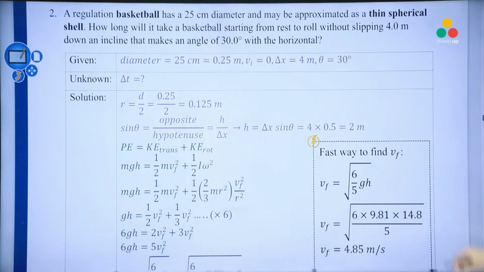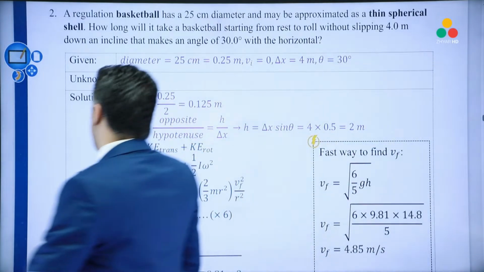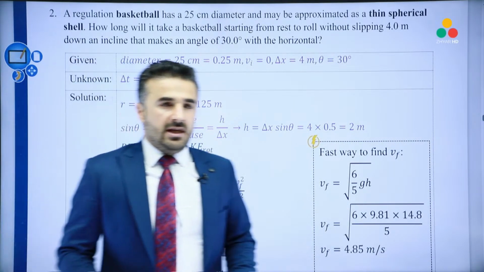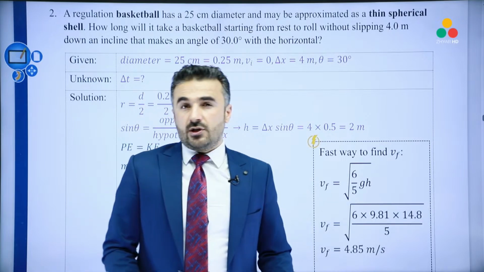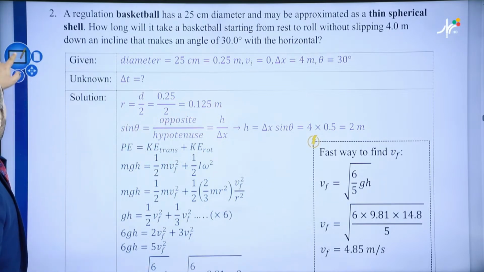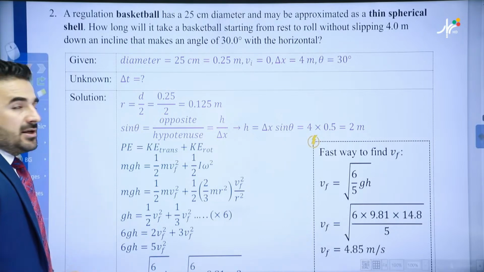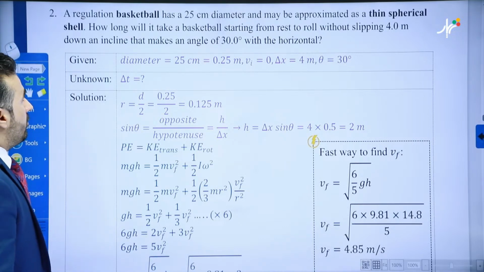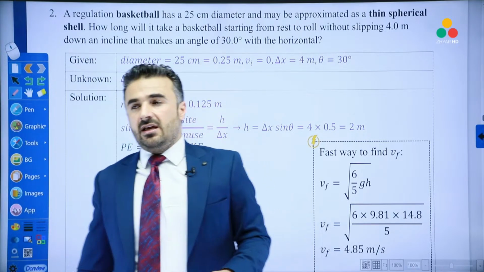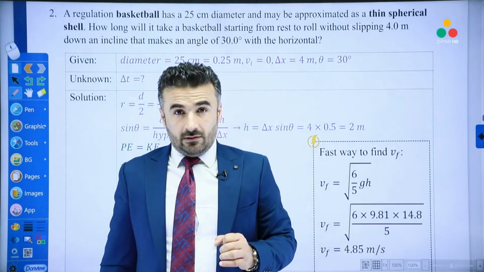All right, now here we have a different situation. I want you to pay close attention here because we have a slightly different situation than the previous one, and I'll tell you what it is. Okay, what do we have here? It says a regulation basketball. So we have a basketball, yeah? And remember, in terms of the moment of inertia of a basketball, that would be a thin spherical shell.